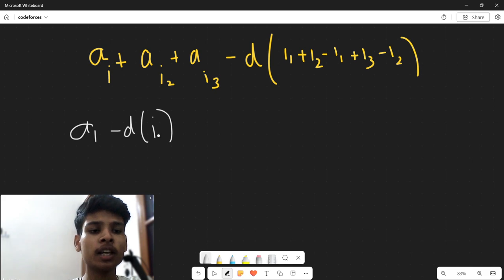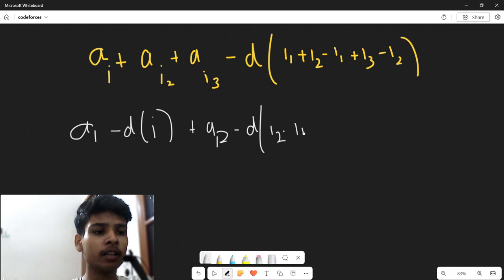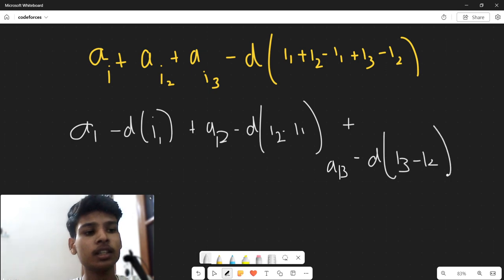Then plus a[i2] minus d into (i2 minus i1), because first she went on day i1, then she went on day i2, so I decrease d into (i2 minus i1). Then for the last one it is a[i3] minus d into (i3 minus i2). This is the whole equation which is given to you.